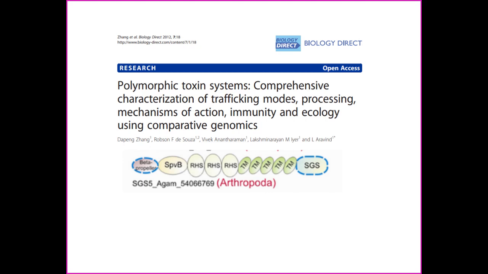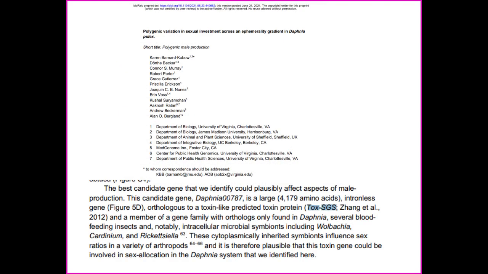And now there's a very recent preprint which suggests it may play a role in the facultative sex ratio determination in Daphnia. So that's another example of one of these toxins from the bacterial world, from the polymorphic toxin world, crossing over to eukaryotes and being reused in certain processes.